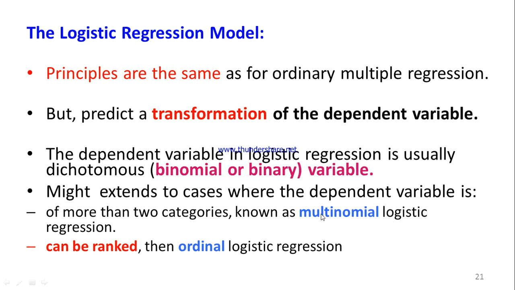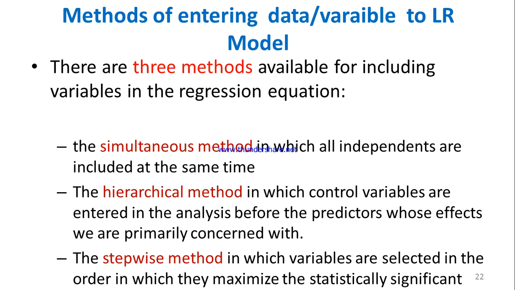In that case, we call it multinomial logistic regression. Otherwise, if the outcome is ordered, if it takes the ordinal form, then we call it ordinal logistic regression. But in this slide, we focus more on binary logistic regression, which assumes a dichotomy.